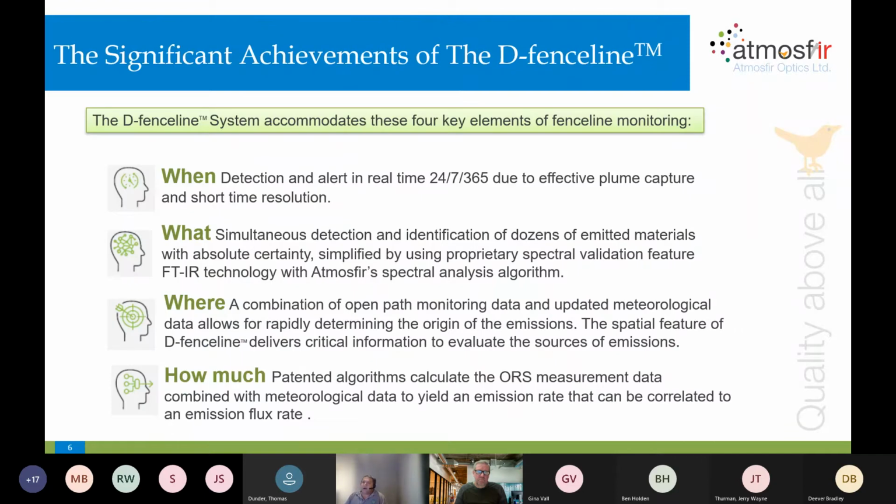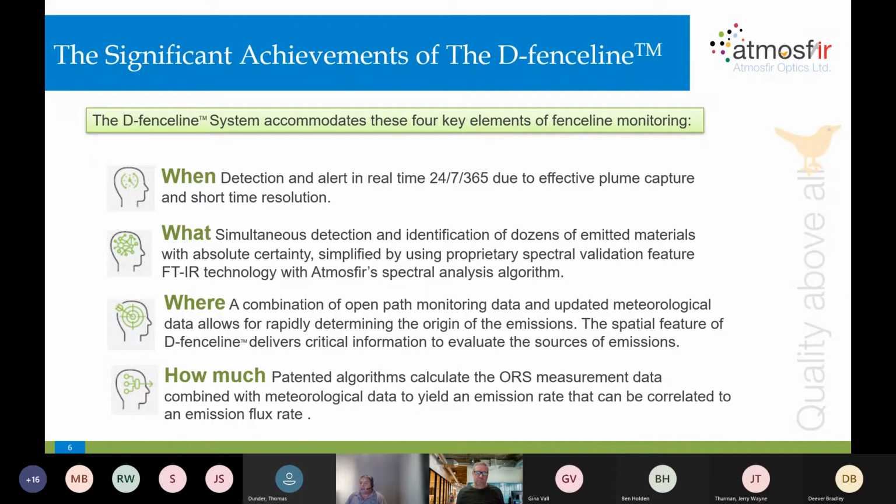What are the objectives of the D-fenceline system? We want to tell you when you have a leak and when it started, and for that we work 24/7, and we have spatial resolution. We want to tell you what you emit. The system can identify dozens of materials simultaneously. One of my clients measured 50 compounds simultaneously with just one instrument at the ppb level.